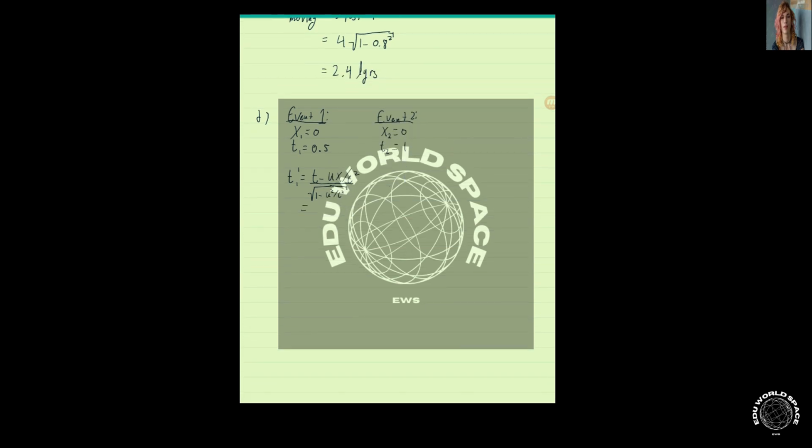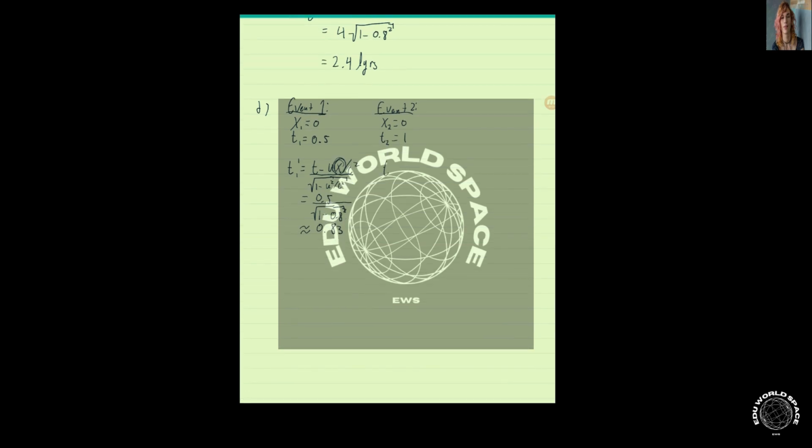Since x is just 0 here, the term being subtracted from t is going to just go to 0. Then it's just 0.5 divided by the square root of 1 minus 0.8 squared, which is about 0.83.